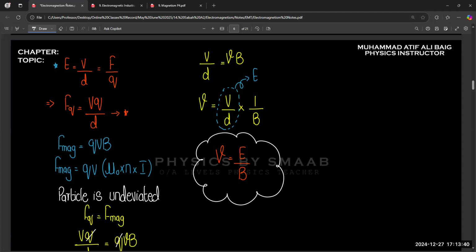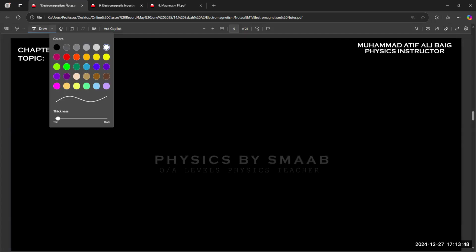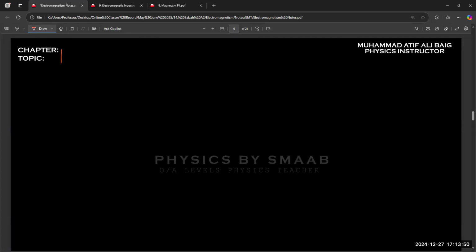So basically in the fine tube experiment, can you actually observe the electrons moving? Yes. It is also called charge to mass ratio. In the syllabus, it is mentioned as e over m, charge to mass ratio.